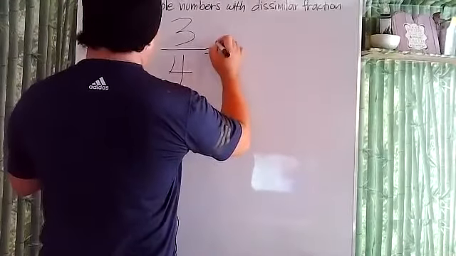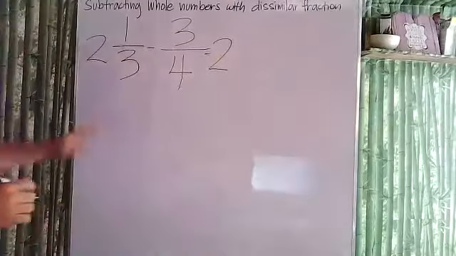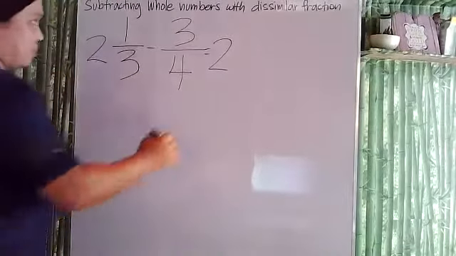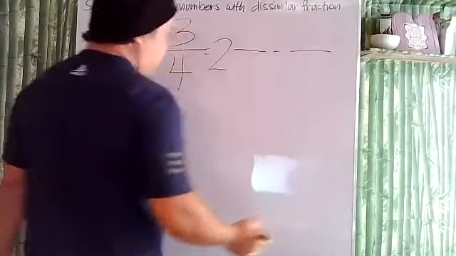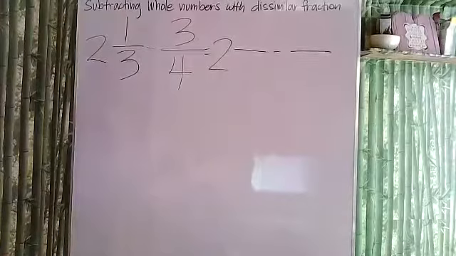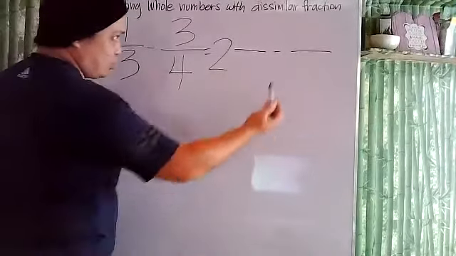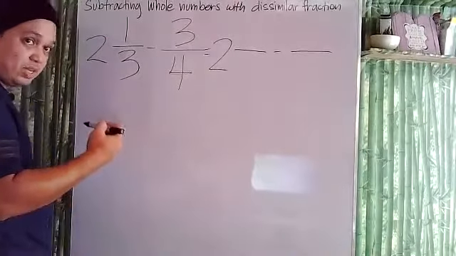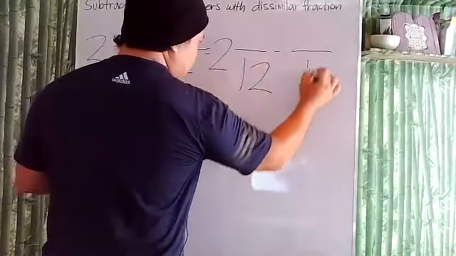Copy first the whole number and find their LCD. What is their LCD? That's 12. Because we can divide 12 by 3, we can divide 12 by 4, and that's the lowest answer that we can find. So 12 is their LCD.